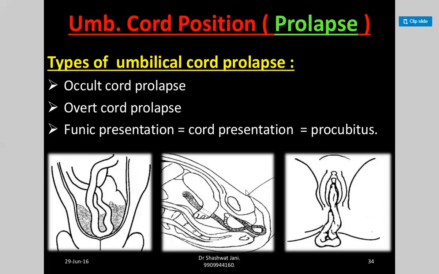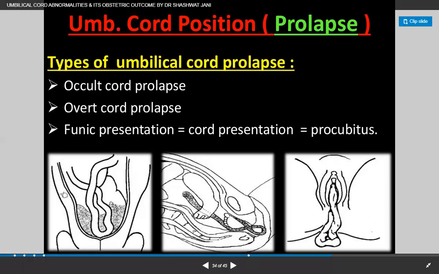So what do we see now? This is the lower uterine segment. Normally the vertex is the presenting part. But what happens over here? If this is the cervix part, we see the umbilical cord. In this diagram, this is the umbilical cord which is present, and over here the umbilical cord is coming outside of the vagina.